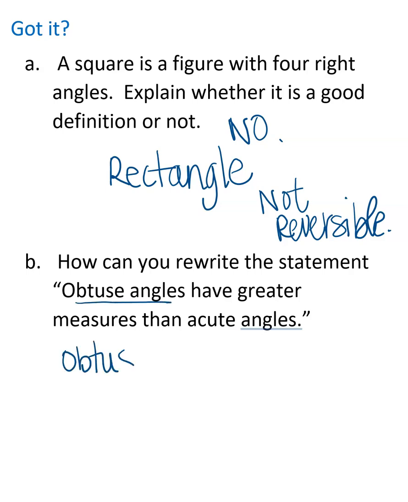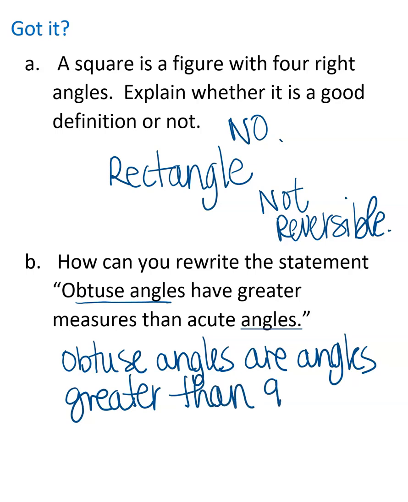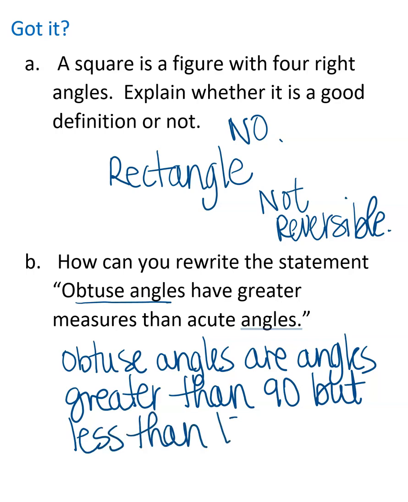Obtuse angles are angles greater than 90 but less than 180. So you don't always use all of the words. This time we cut that part out.